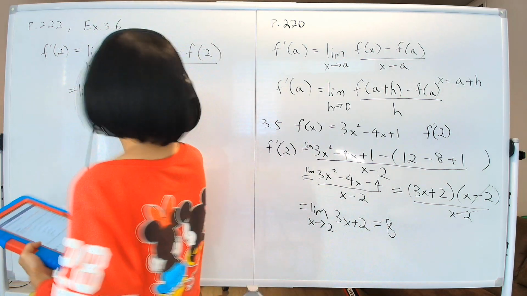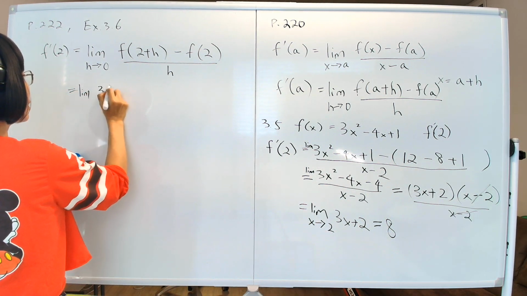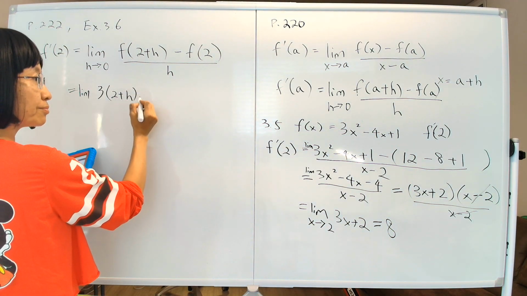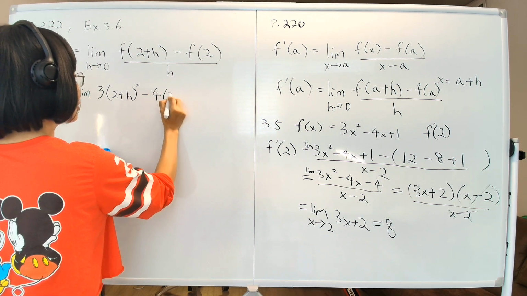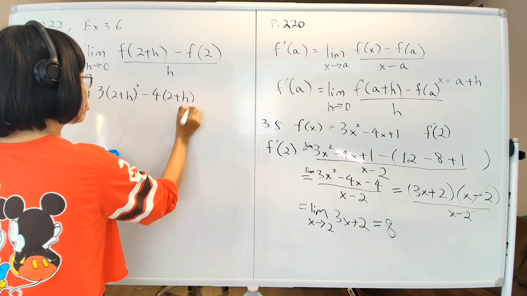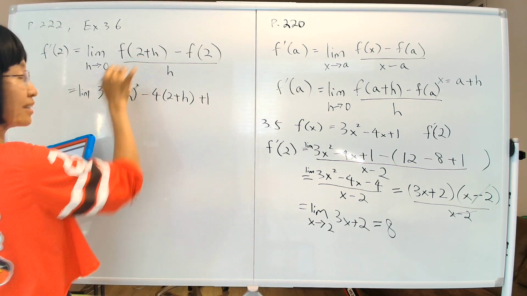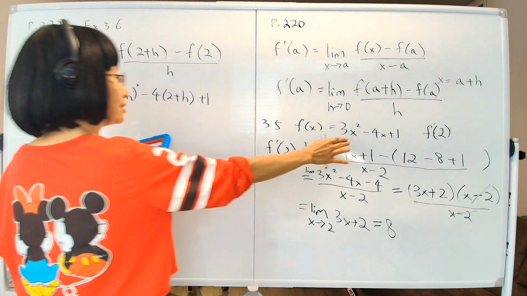So we follow it. It becomes 3 times (2 plus h) squared, and then minus 4 times (2 plus h) plus 1. And that's just that part, okay? I put 2 plus h into this function.